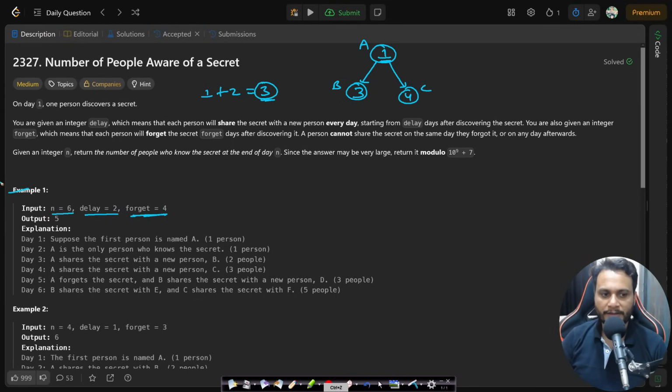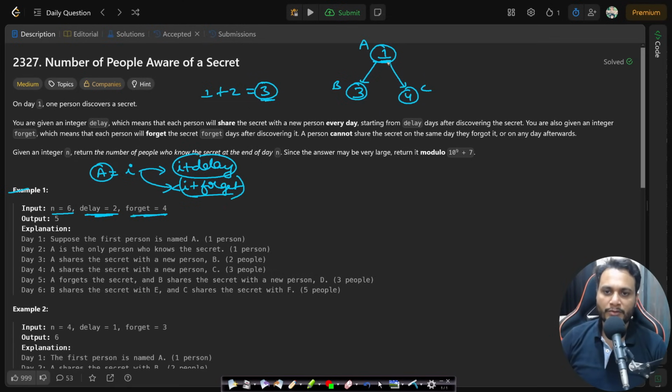What is this forget? Whatever is the day on which A came to know the secret, let's say the ith day, he will start sharing the secret from i plus delay day, and he will be forgetting everything about the secret on i plus forget day. So A will be spreading the secret from i plus delay to less than i plus forget day, isn't it?